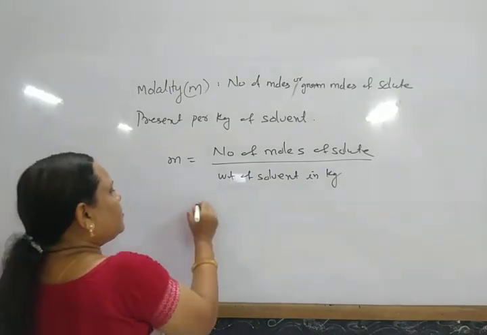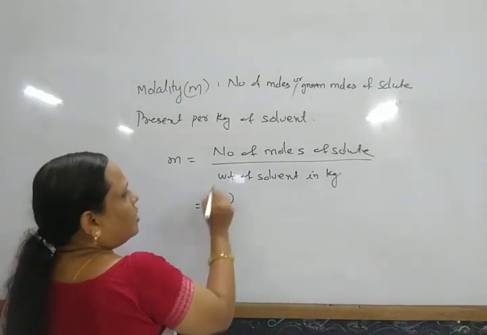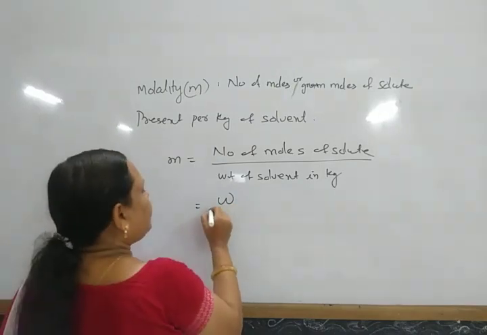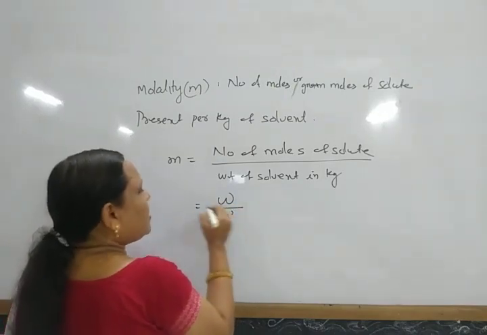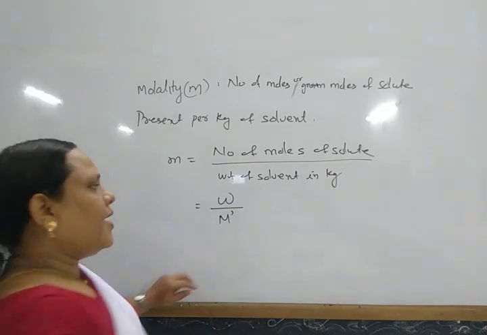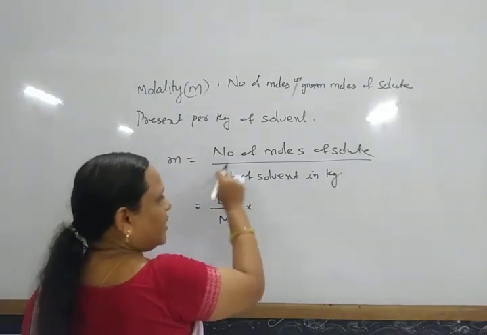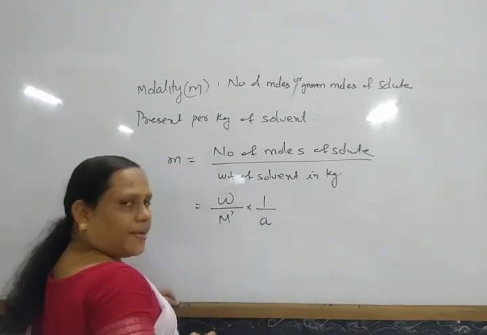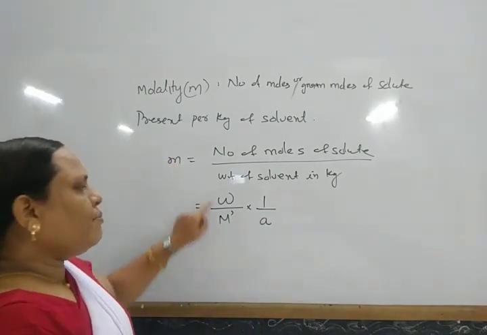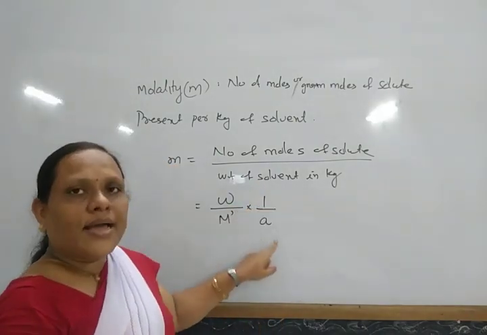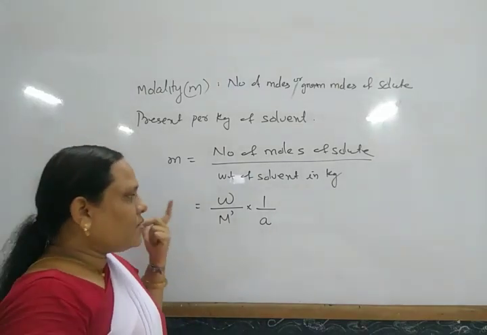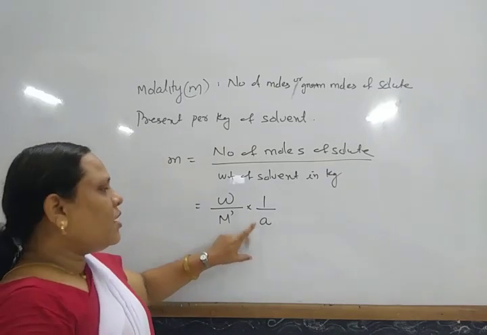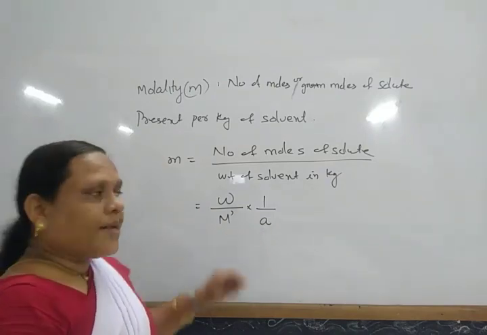Number of moles is weight of solute divided by molecular mass of the solute, and per kg of solvent means 1 by A. So W by M dash into 1 by A. Instead of writing any other letter, I am writing A so that you don't get confused.